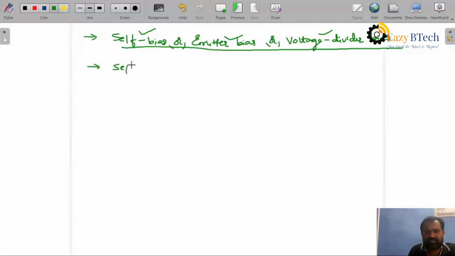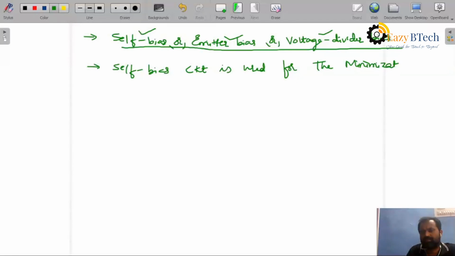The self bias circuit is used for the minimization of stability factor.